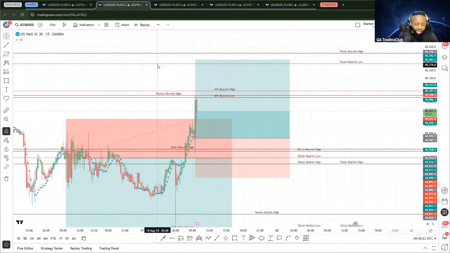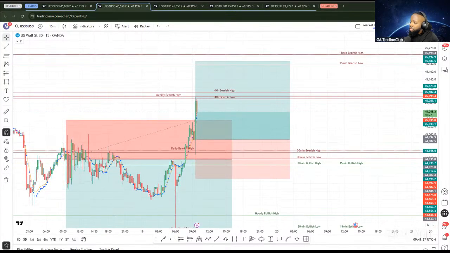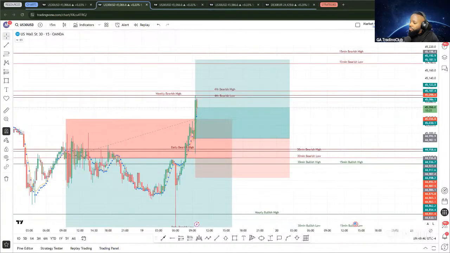June only had maybe 7 losing days. Let me see how many trading days were in June. So in June, 5, 10, 15, 20, 21. Out of 21 trading days, only 7 days lost. So if you're risking 1%, you'd have been down 7%.